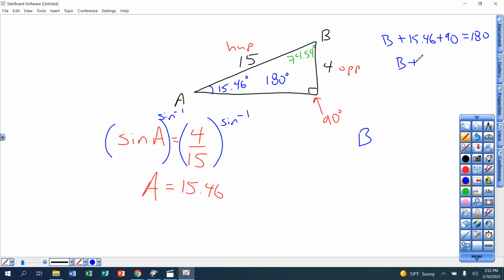Okay? Yes. All right, now if you're coming in from B, what pieces of the triangle am I giving you dealing with B now? Because from A, the pieces I gave you, this 4 and 15, was the opposite and the hypotenuse. So what's from B? Yep. Do you see that?